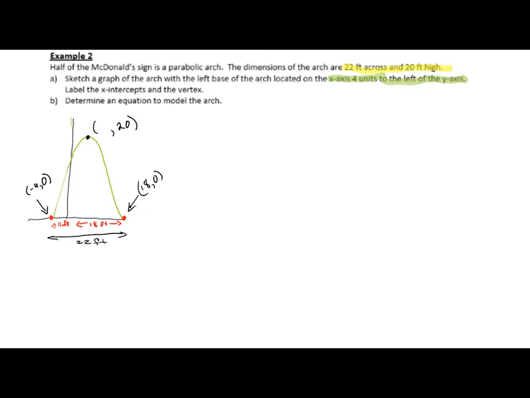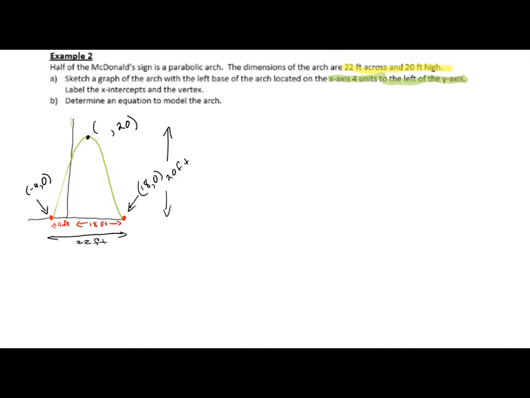If we're talking about the height from the bottom of the arc all the way to the top, which is 20 feet.